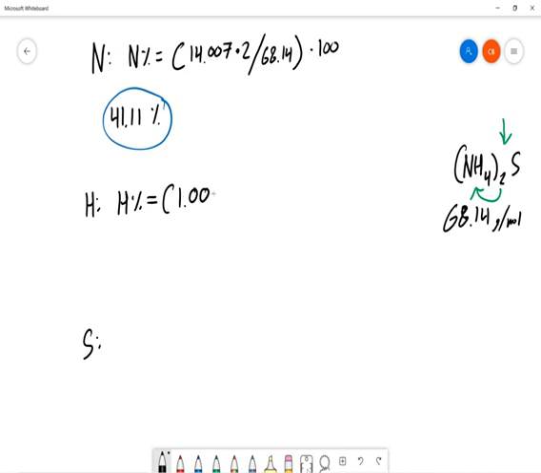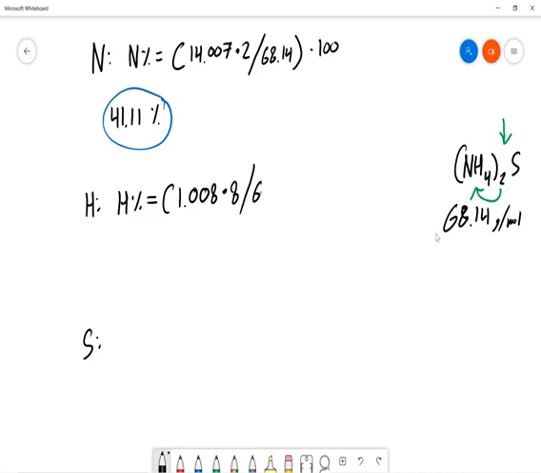The mass percent of hydrogen is equal to the mass of hydrogen times 8. And why 8? Well, we have 4 hydrogens in one ammonium ion, not molecule, one ammonium ion, and we have 2 ions per molecule. So total we have 8 hydrogen.